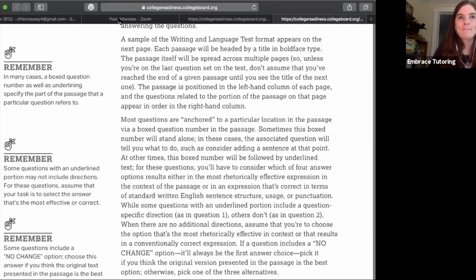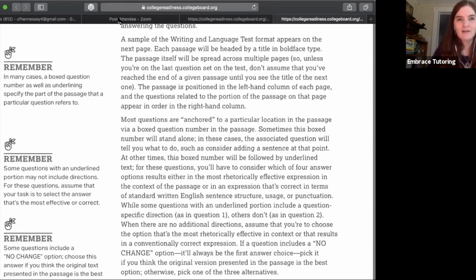I feel like it would be easier if we broke down the language of one of the reading test passages, because you could say, yes, this is a great example of writing.